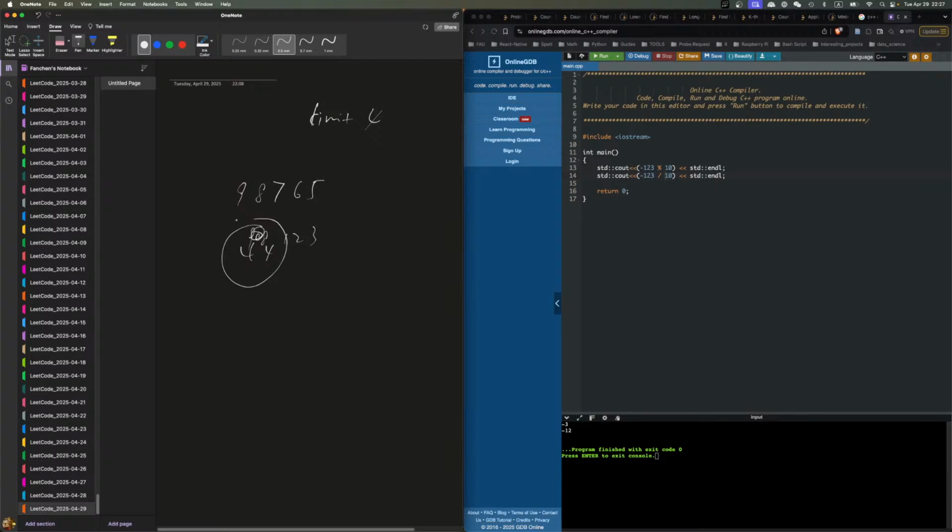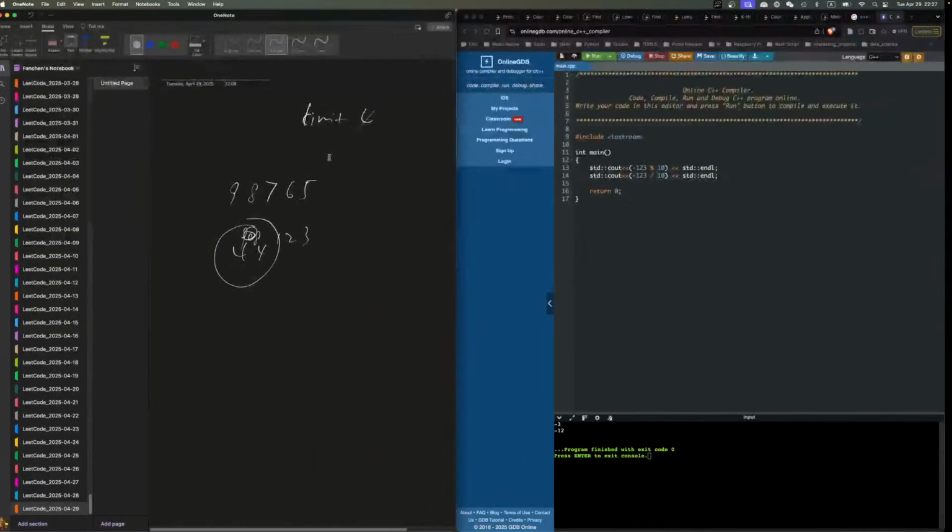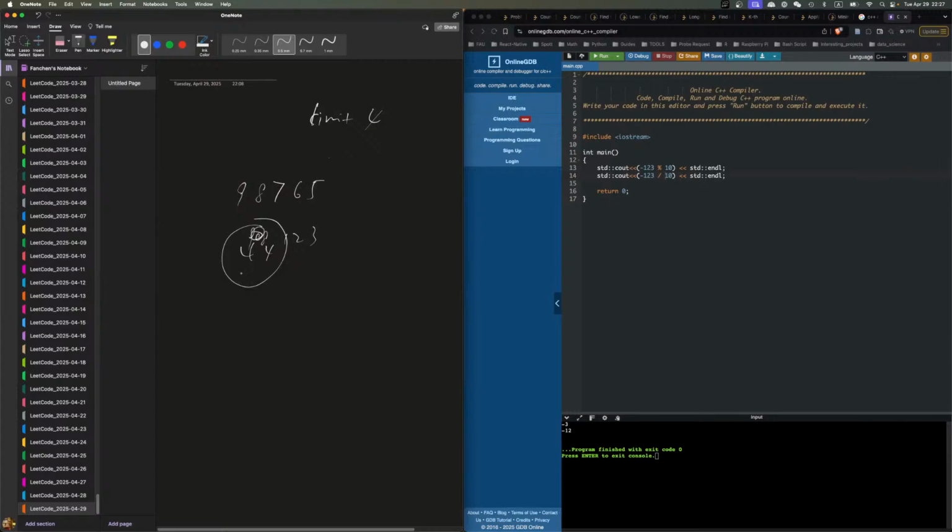You increment this, right? You increment, but how do we increment? I see, man, this is the tough part. Yeah, you can't just say start prefix plus 1 because it's not the same. We have to cap it, right?